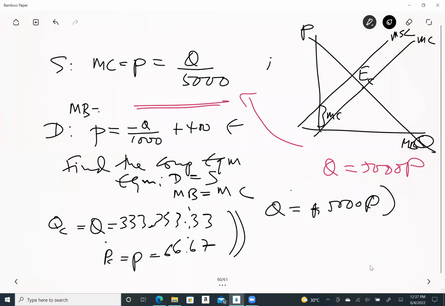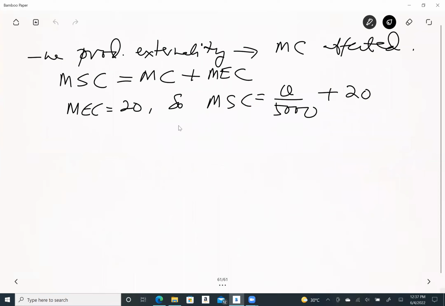MEC equal 20. So here is 0, but now 20. So that's why we do P as a function of Q, so that it will be consistent with our theory: MSC equal to MC plus MEC.